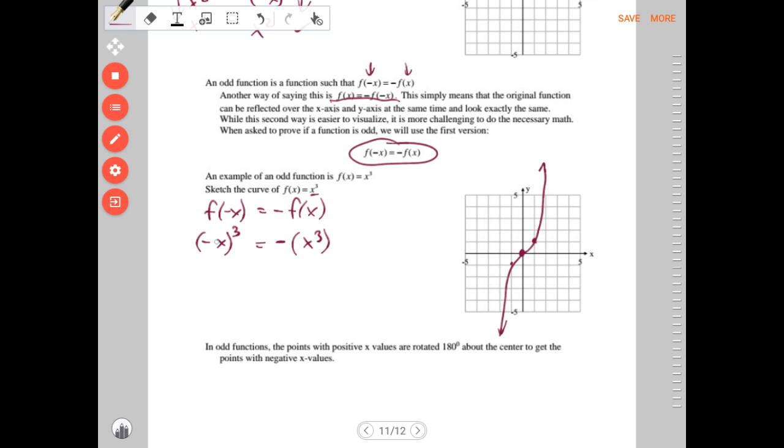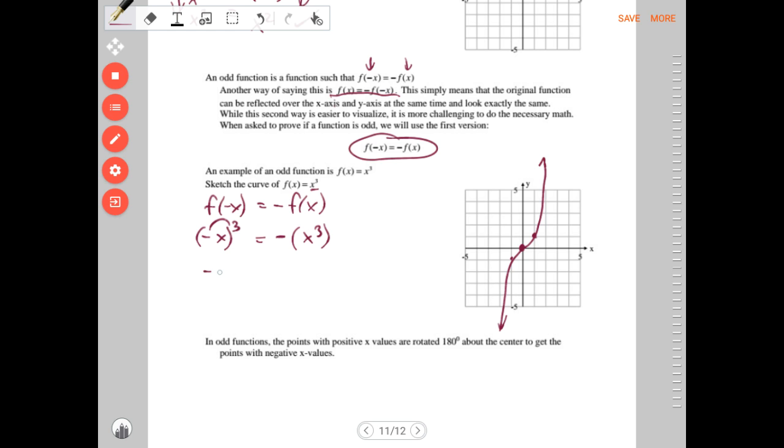So we work this out. A negative cubed is negative, so this is going to be negative x cubed, no brackets, and that negative just multiplies by the 1 in front and makes negative x cubed. Hey, wait a sec, those are the same, so this is an odd function, which is great because we said it was at the beginning, but it's nice that it actually works.